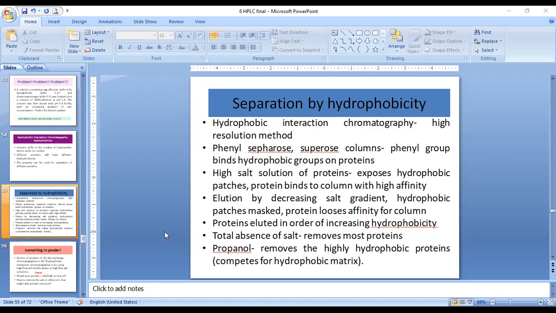We want the proteins to come out of the column, isn't it? We are going to put the mobile phase to the column, and the mobile phase will drive the proteins out. But now they are sticking to the column because of the hydrophobic interaction. So how can we remove the proteins?